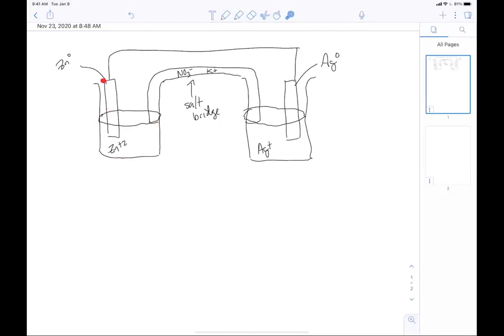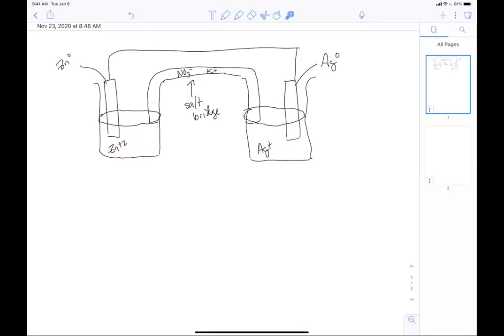I dunk the zinc electrode into a beaker with zinc ion dissolved in solution. We could say it's zinc nitrate, but I'm going to leave the spectator ion off to avoid cluttering things up. On the other side, I plunge my solid silver into a solution of silver plus.